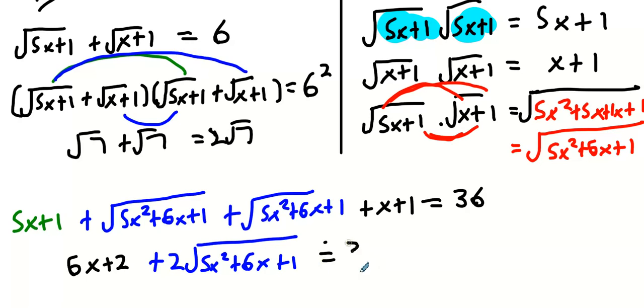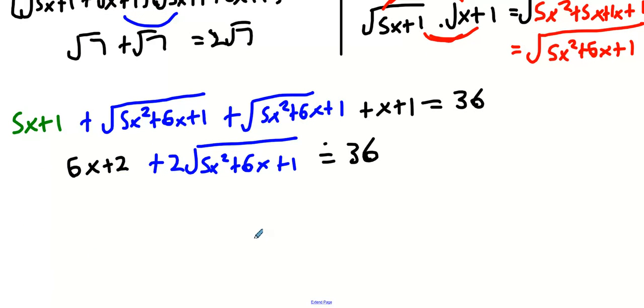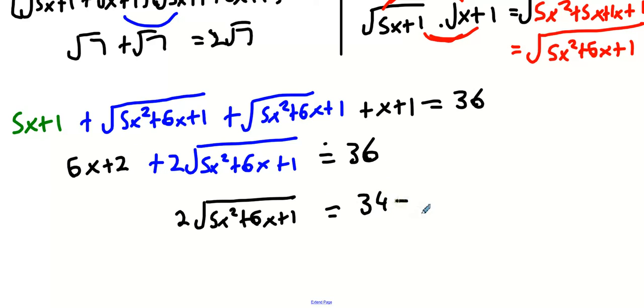Okay? Now, lads, here's what we're going to do now. I'm going to get 5x squared plus 6x plus 1. And then on the other side, I'm going to have 36 take away 2, which is 34. Now, I'm at this stage here. Is that okay with you guys?